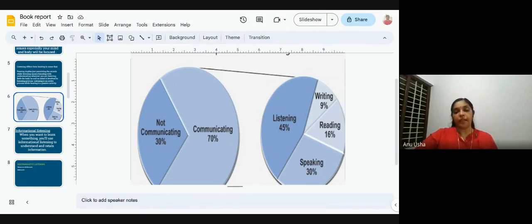And in the 70%, 45% is used for listening, 30% for speaking, 60% for reading, and 9% for writing. That shows that listening is the most important skill we actually need in this process of communication. So now we have to look into the different types of listening.